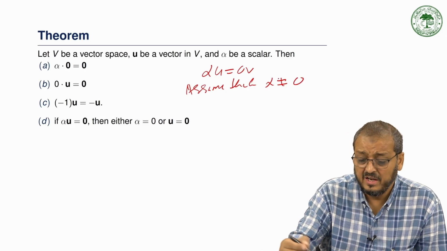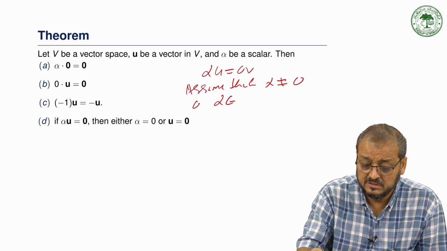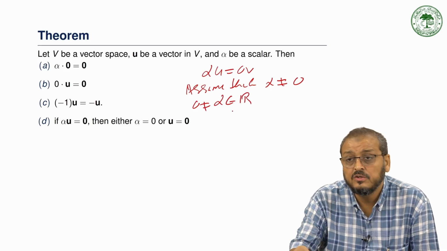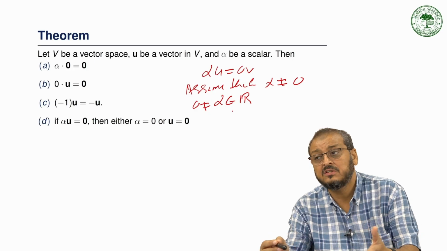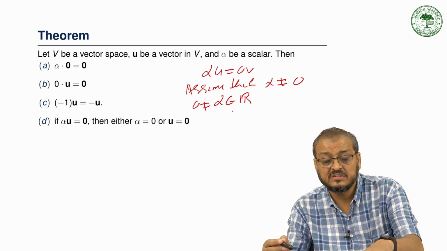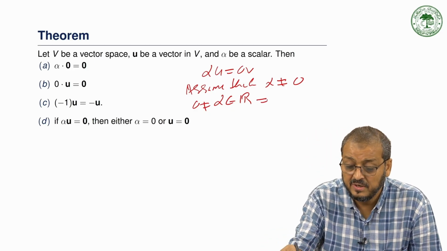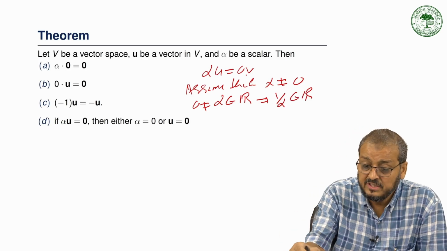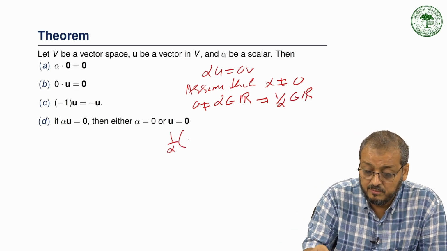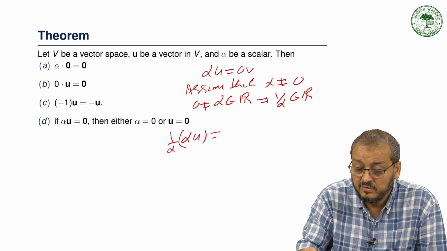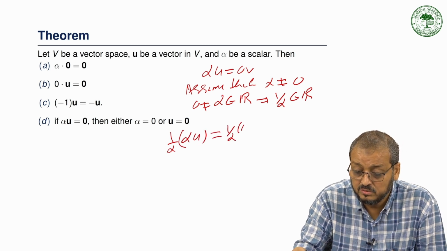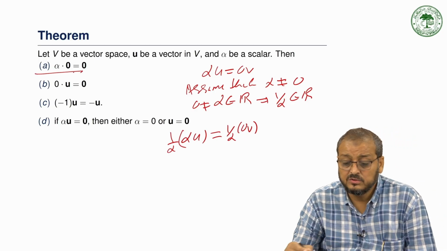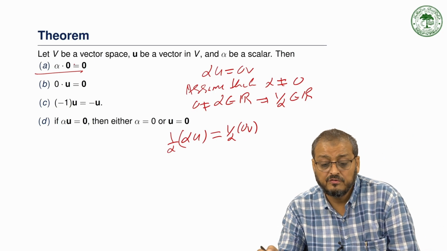Now alpha is a non-zero scalar, say a real number. If it is a non-zero real number, then its multiplicative inverse also belongs to the real numbers. Then this implies that 1 upon alpha belongs to R. So we multiply by 1 upon alpha: 1 upon alpha into alpha u is equal to 1 upon alpha into 0 of V. Now by the property, scalar into 0 of V is equal to 0 of V.